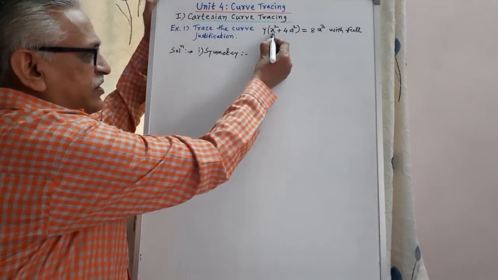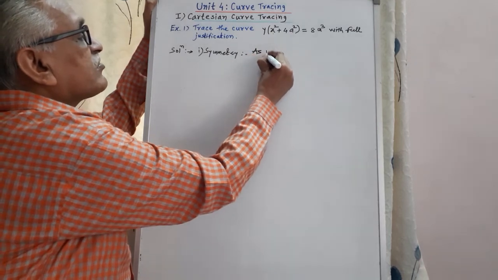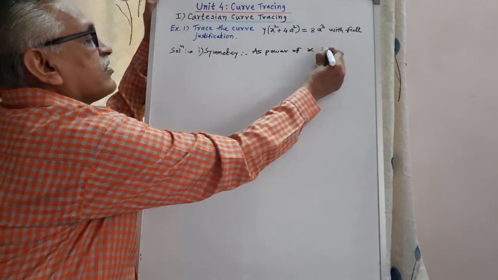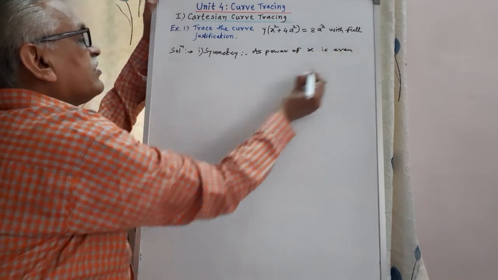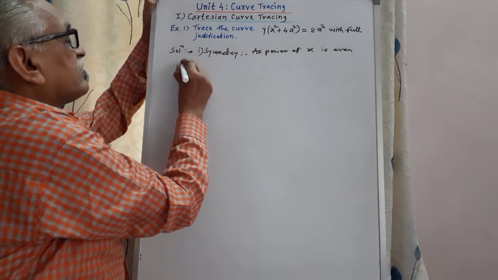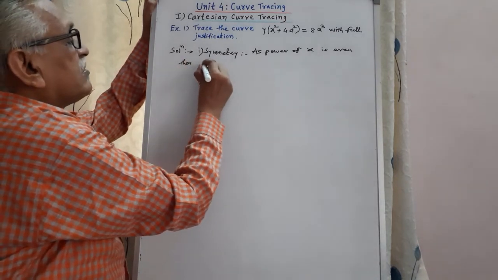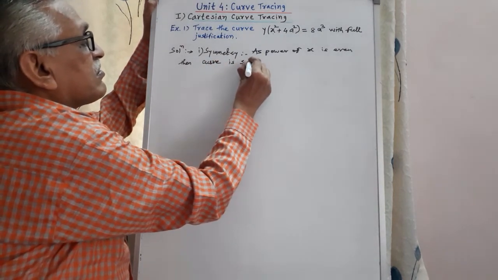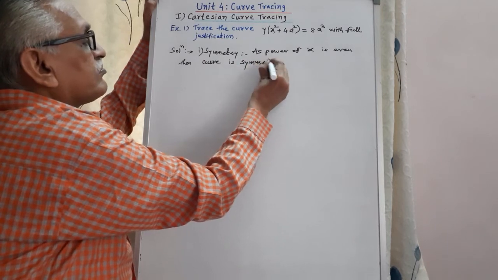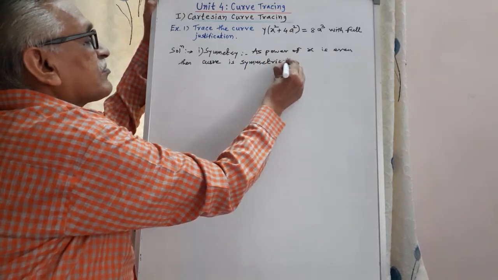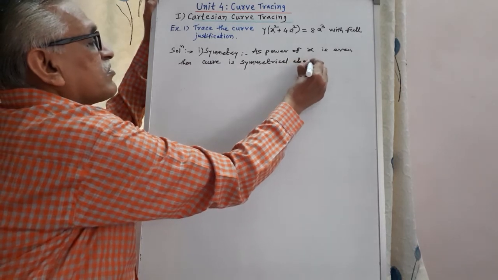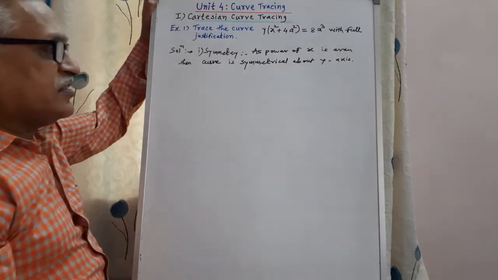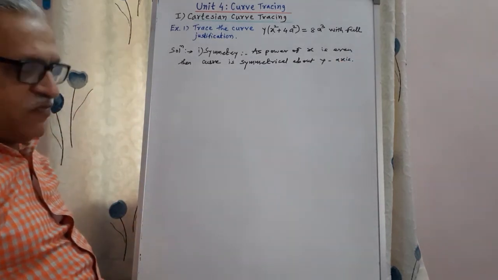Power of x is even, therefore curve is symmetrical about y-axis.